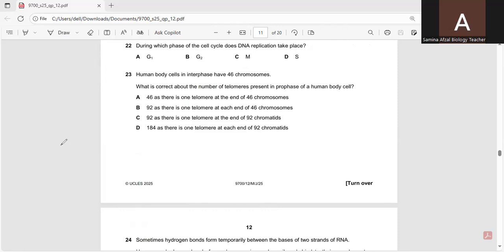M is the mitosis stage, and G1 and G2 are the other stages during which the cell grows.